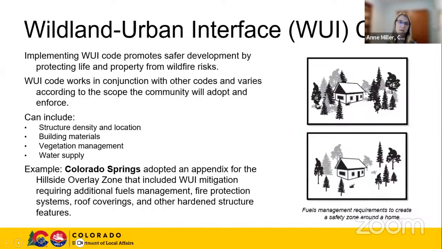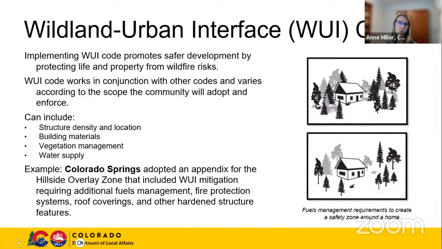And yeah, there's lots of good examples out there. In fact, it is a trend that we're seeing. So Colorado Springs has led the way early on with some of this code work because they've experienced some unfortunate losses due to wildfire. And more communities are paying attention. So the most recent, Gunnison County recently adopted a WUI code, and then Loveland did.